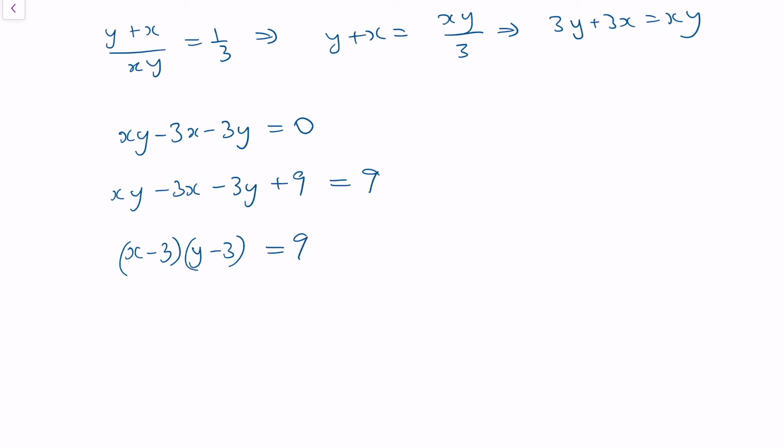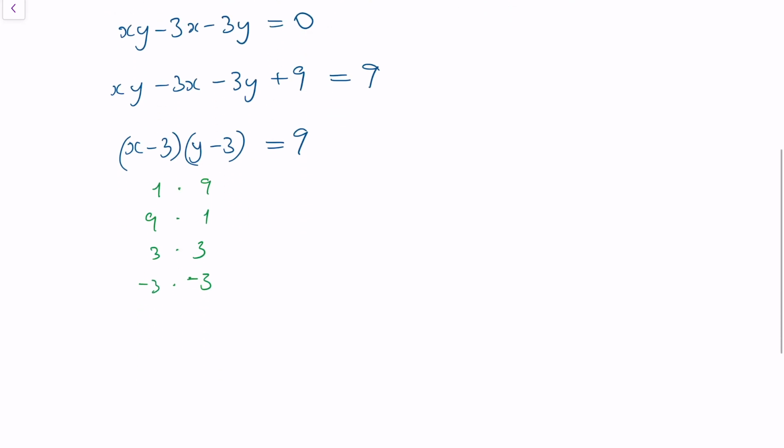What are the possibilities here? Well, x and y are positive integers. So let's see, can we get 1 times 9, 9 times 1, 3 times 3, minus 3 times minus 3? Let's consider everything without thinking about it first. So minus 1 times minus 9.